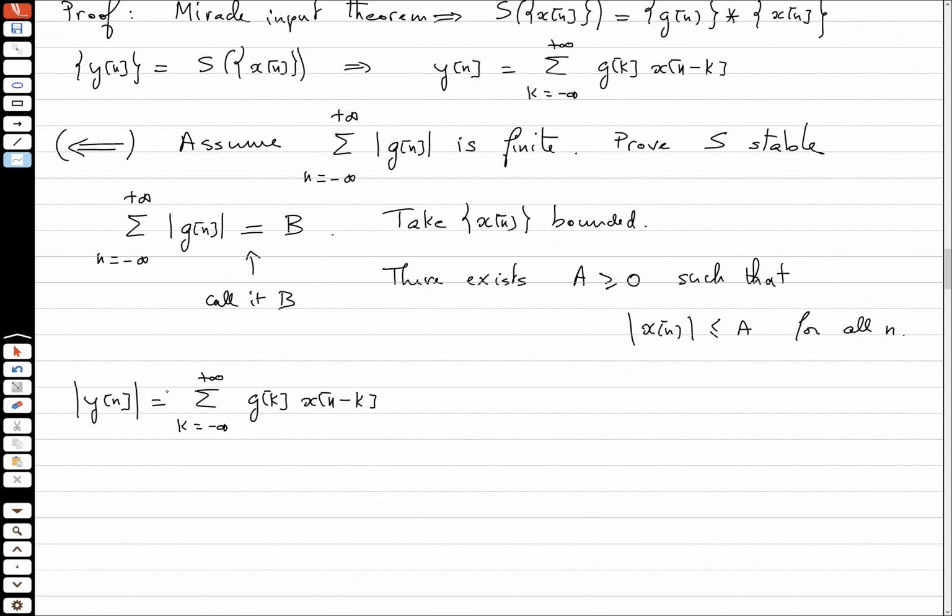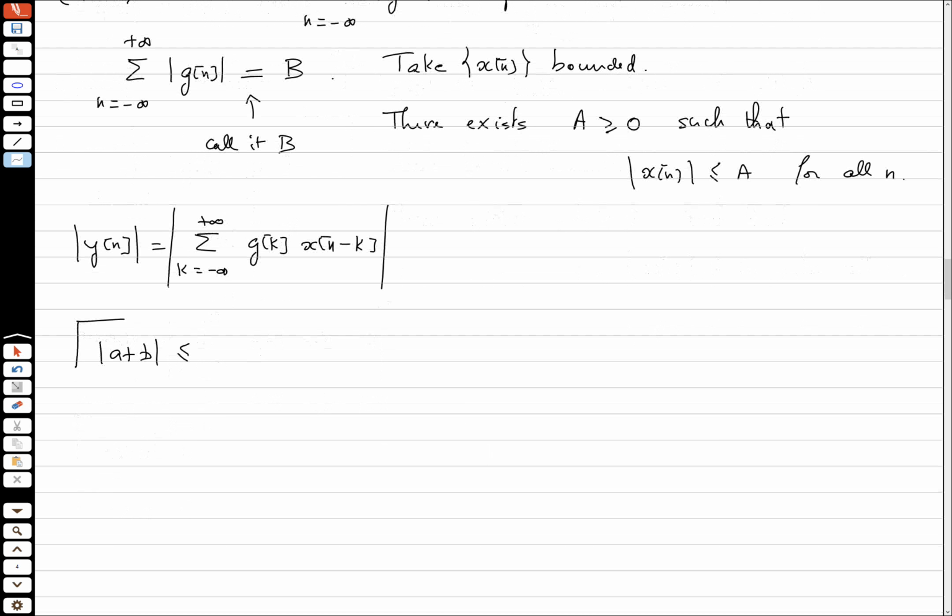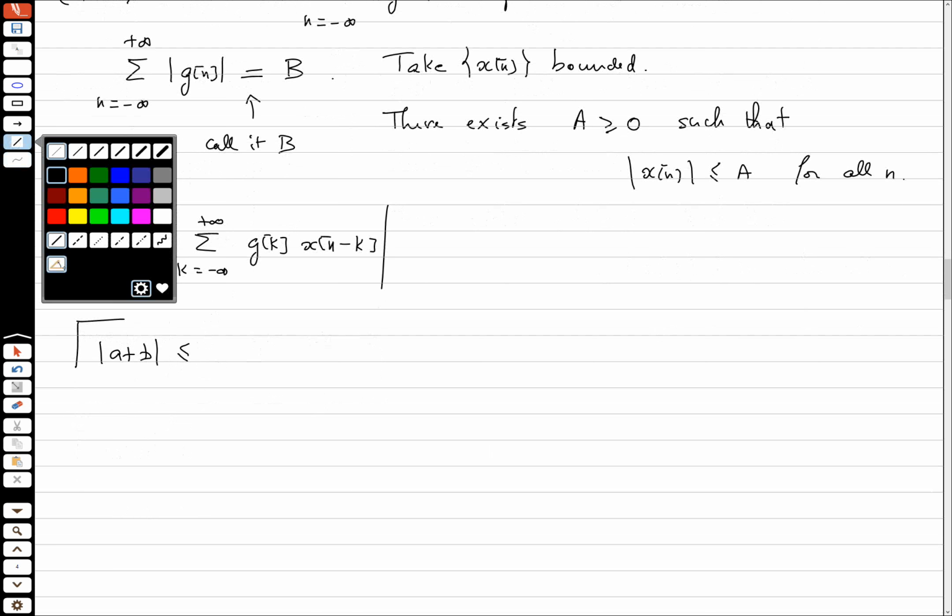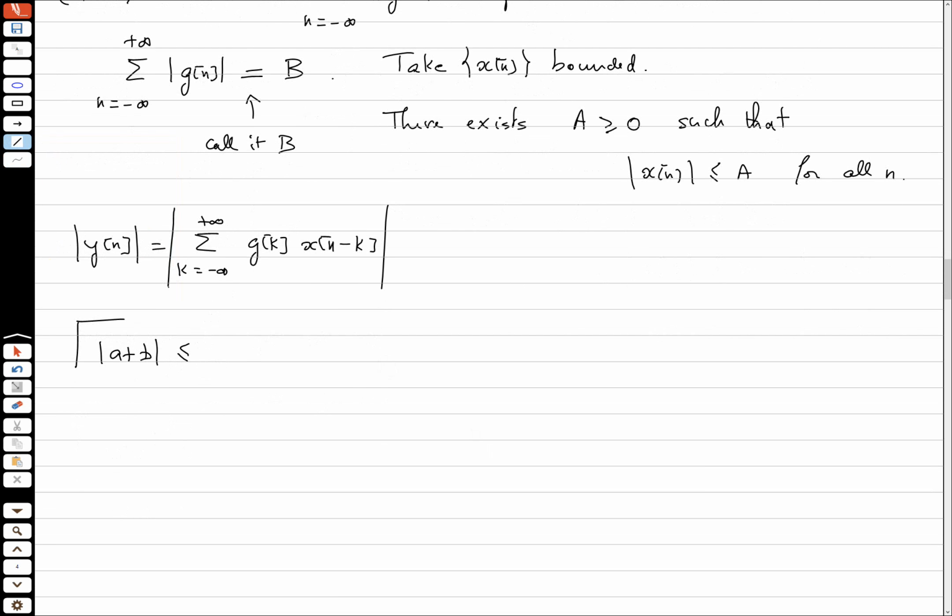All right, so it's going to be the magnitude of the sum. Now, let's do some review. What is the magnitude of A plus B? It's amazing that you don't know the answer.